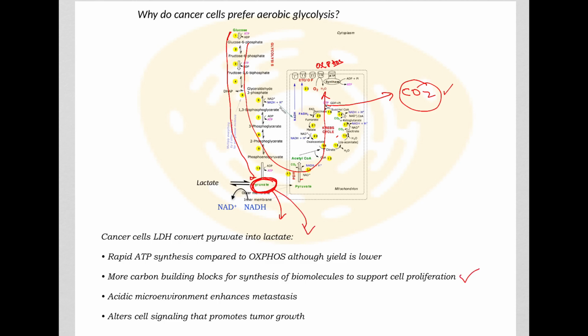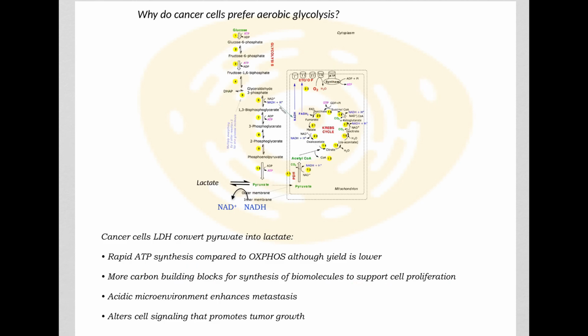So this is the second suggestion that is available in medical literature, that cancer cells prefer aerobic glycolysis because it can get more carbon building blocks for synthesis of biomolecules that are necessary for the new cells that are made.